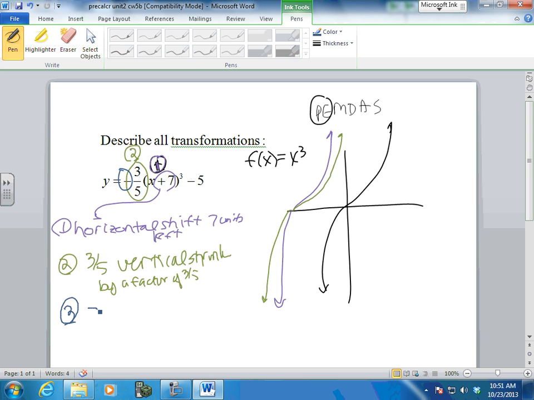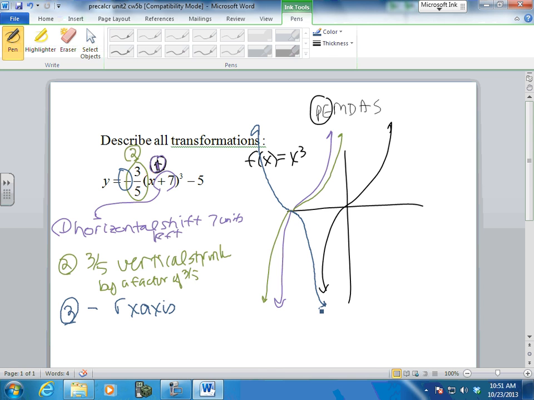It's next to the y. So when y goes from positive to negative, where's the reflection? Over the x-axis. So this is a reflection in the x-axis. Looking at the green, I'm going to reflect this over. It's going to come here and go here. This is my third one, my reflection.